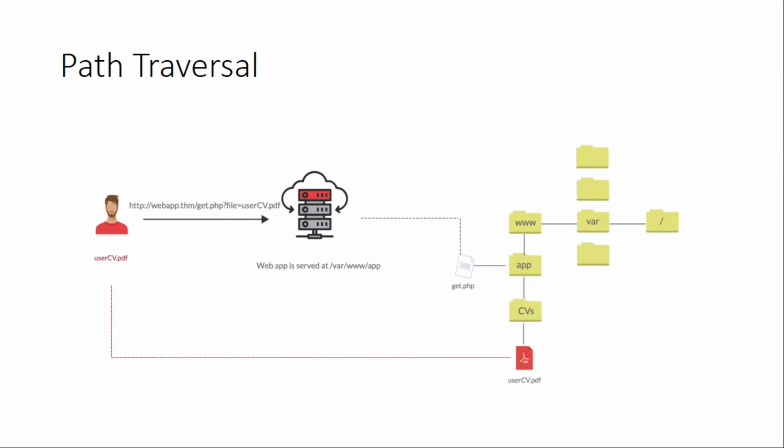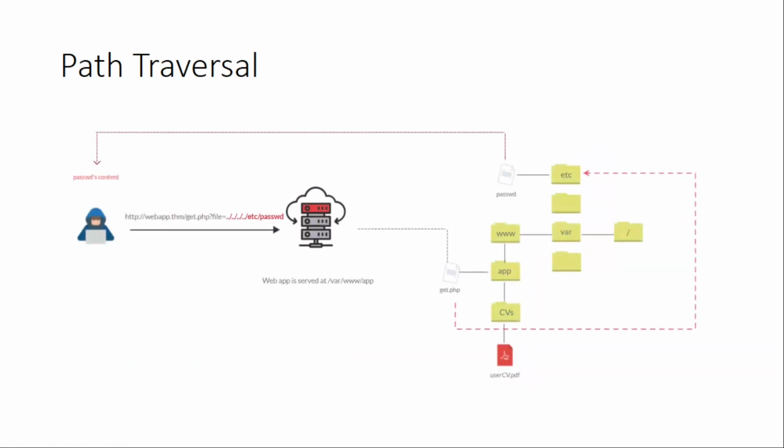A normal user would request the content of the user cv.pdf from the defined path, which is /var/www/app/cv, and then you get to the file.